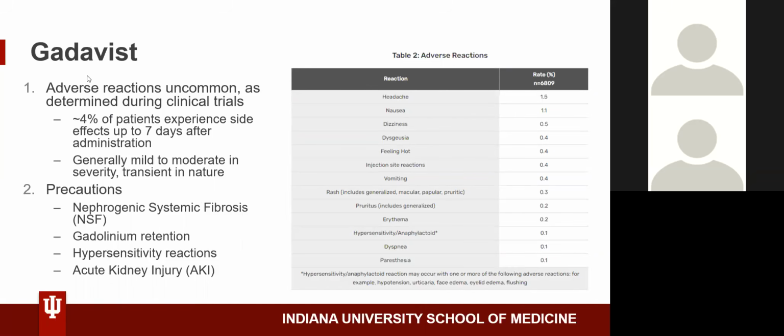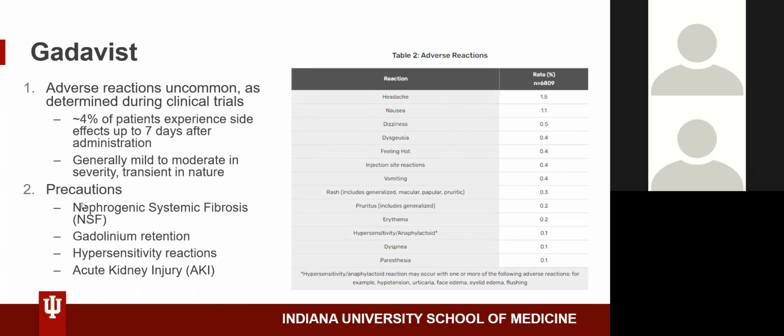And then for Gadavist, just to go on about some of the adverse reactions, they're pretty uncommon as determined during clinical trials, but still around 4% of patients experience side effects up to 7 days after administration. And as you can see by this table, they're generally mild to moderate in severity and usually self-limiting.